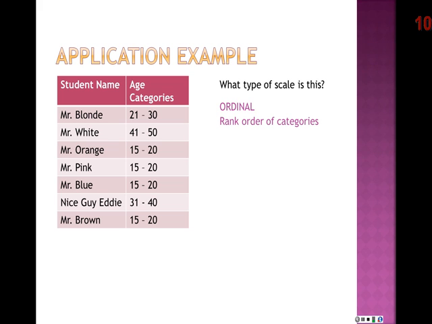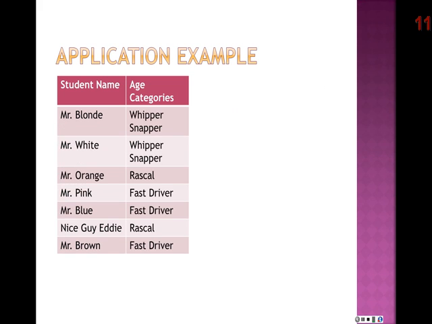It's a rank order of categories. So which measure of central tendency is most appropriate for this? It's going to be the median. Ordinal scales, median is best used for this type of scale.